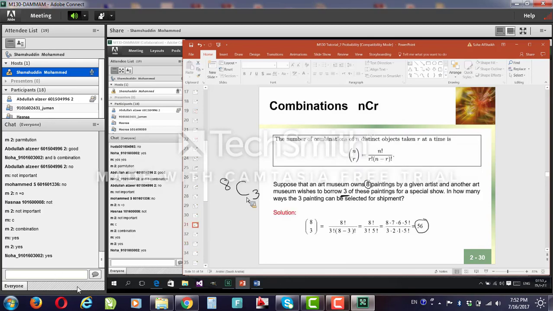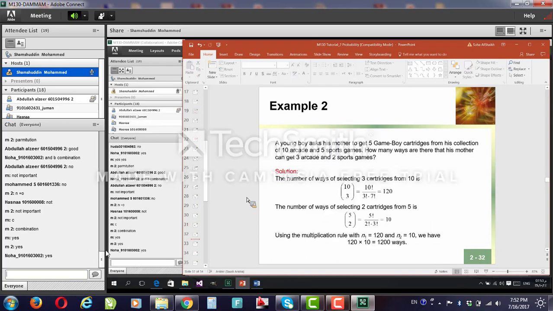We have a cartridge collection of 10 arcade and 5 sport games. He has 5 Game Boy cartridges from his collection. 10 of them are arcade, 5 are sport. How many ways are there that his mother can get him 3 arcade and 2 sport games?